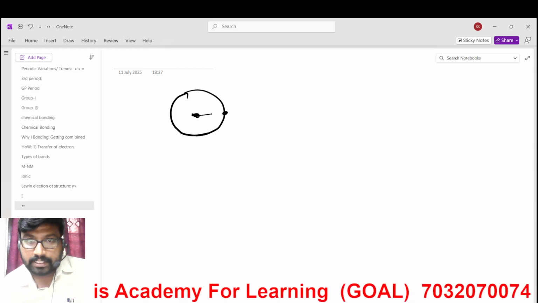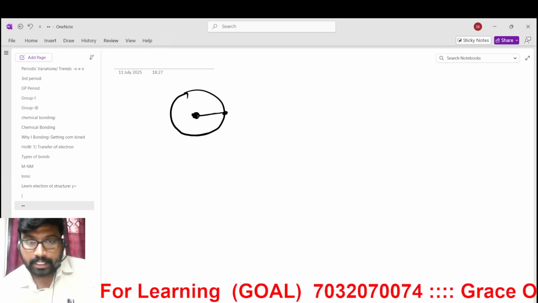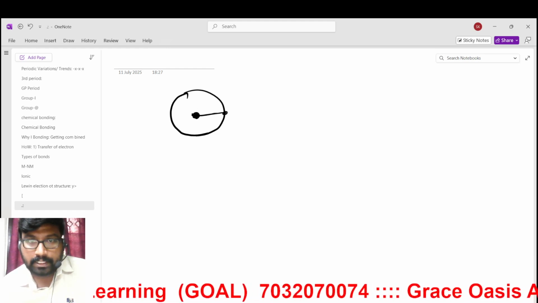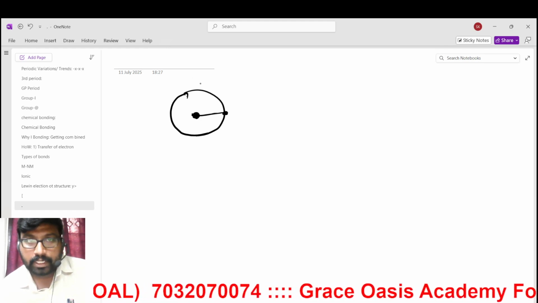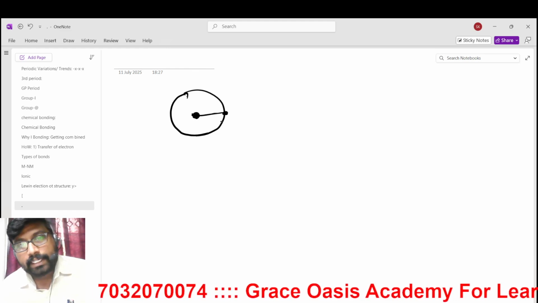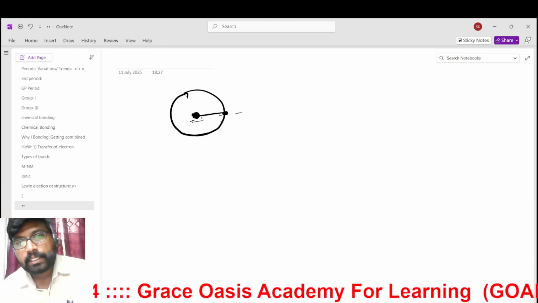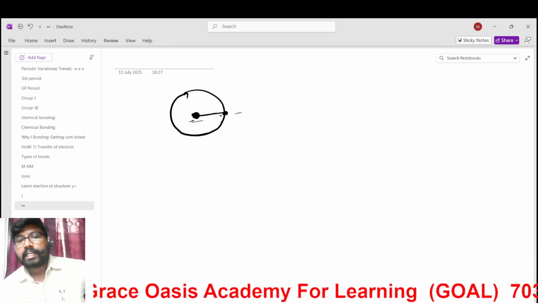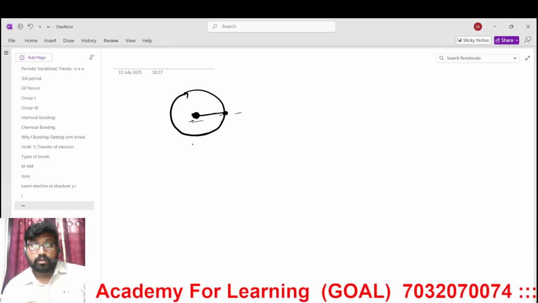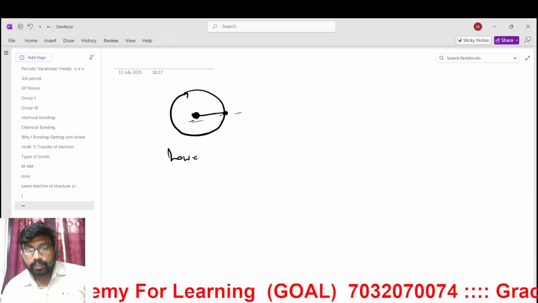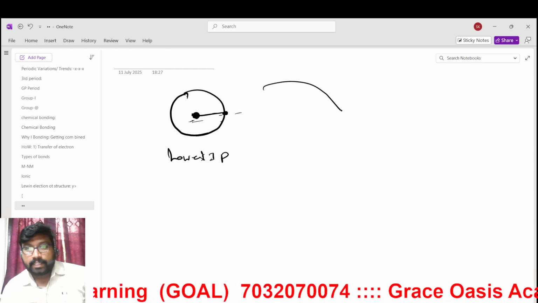This is the atom and this is the nucleus. This is the outer shell electron. This is atomic size. Then only it can lose its electron because the distance between this and this is far, so electrostatic force will be less, so it can lose its own electron. This is what lowest IP means.